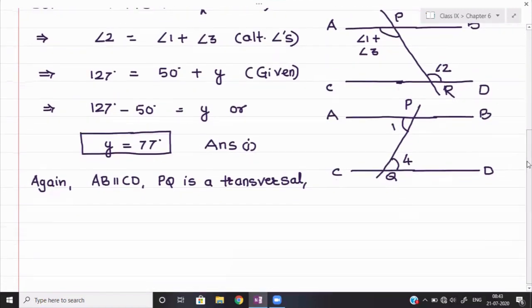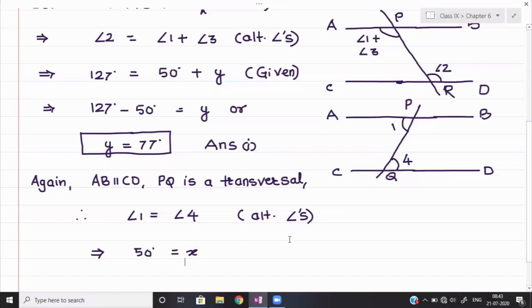Okay, so now let us see. AB is parallel to CD, so I will mention here, therefore angle 1 is equal to angle 4. We can say that this is with the help of alternate angles. Okay, now angle 1, how much do we have? Angle 1 is given, I think, 50 degrees, and angle 4 is x.